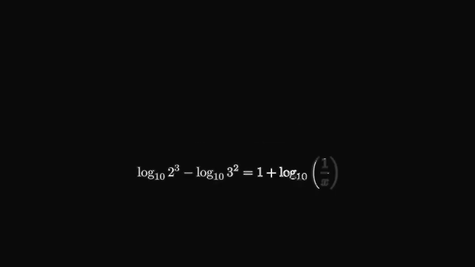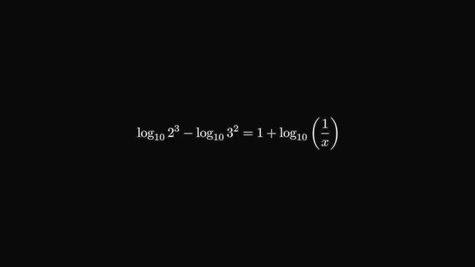Rewrite the original equation using those power changes on the left side. Next, simplify the powers. 2 cubed is 8.